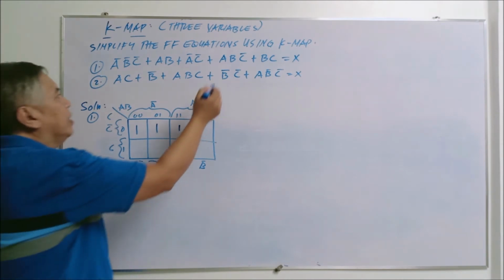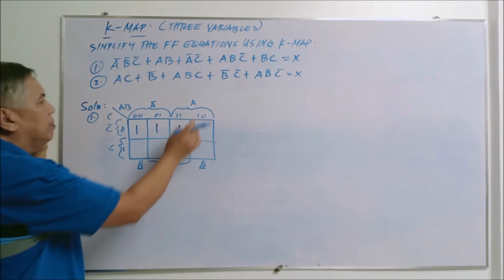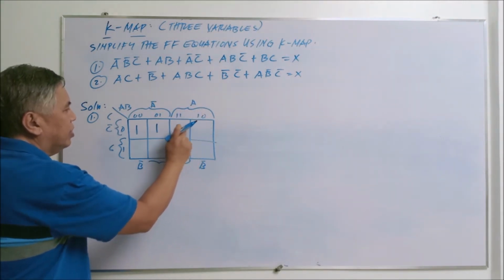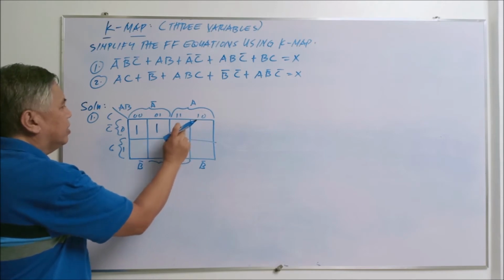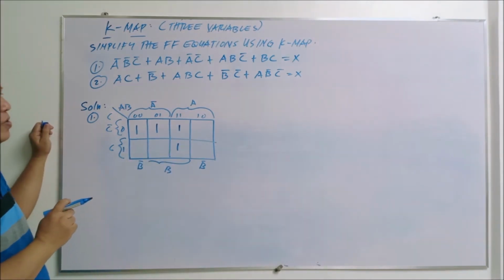And then you have A, B, C bar. Where is that? You have A, these 4 cells, then B, these 2 cells, then C bar, that is this one. Since there is already a 1, we don't place another 1.